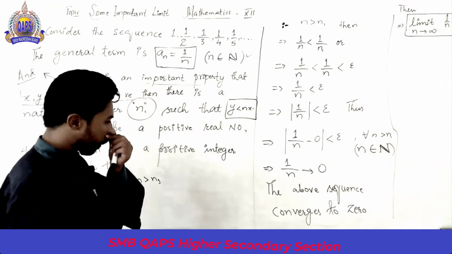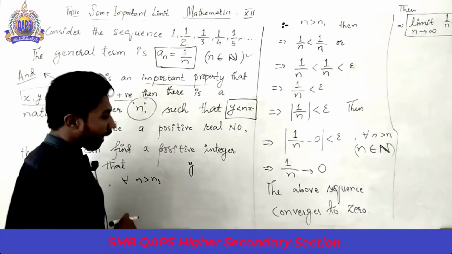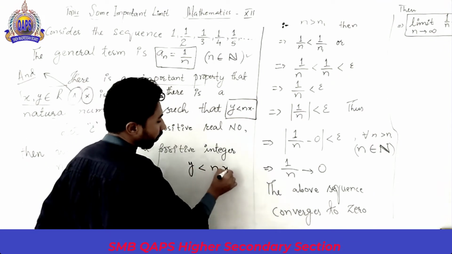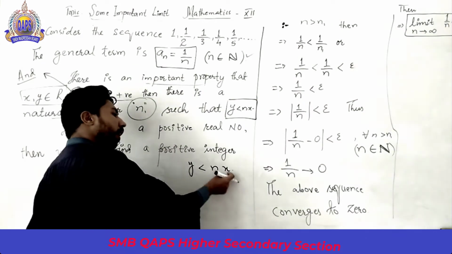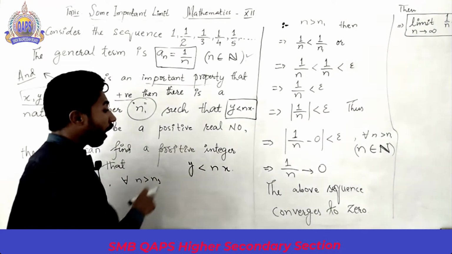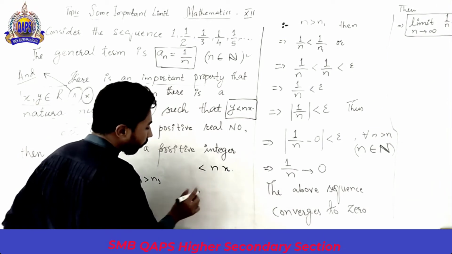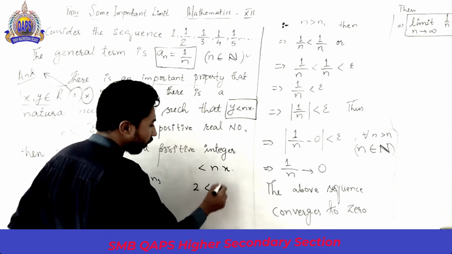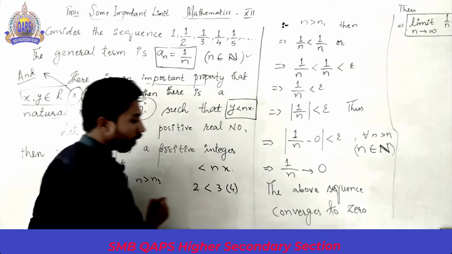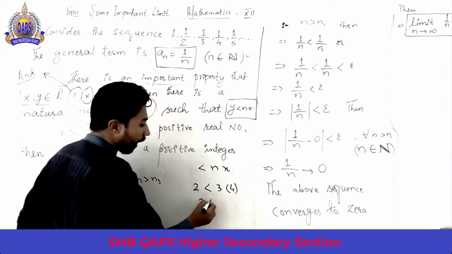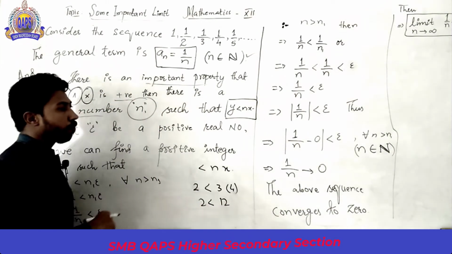How can we verify this property, y less than nx? Any numbers can be put in place of n, x and y. Suppose y equals 2, n equals 3 and x equals 4. Is 2 less than 3 multiplied by 4, which is 12? Yes, 2 is less than 12.